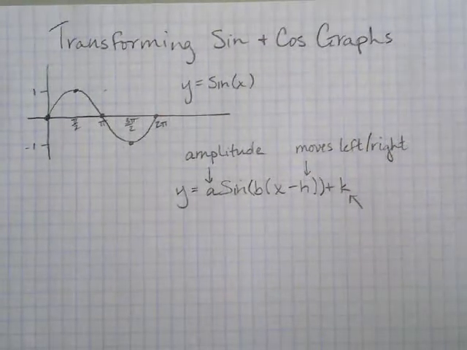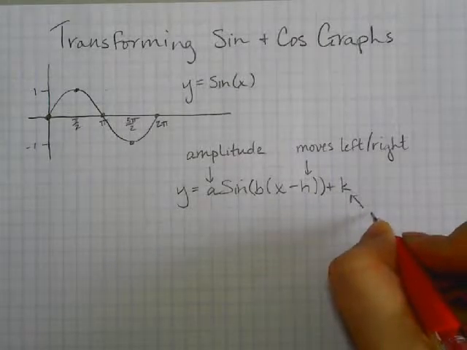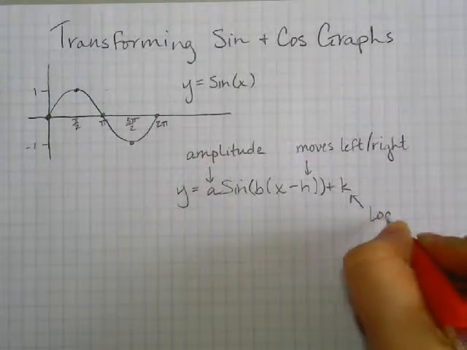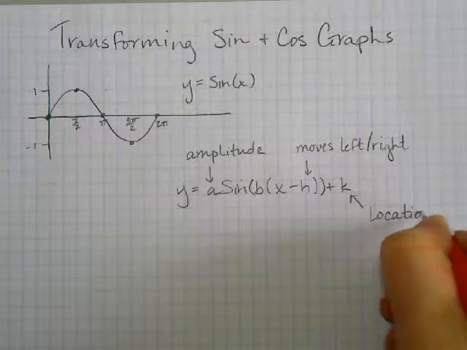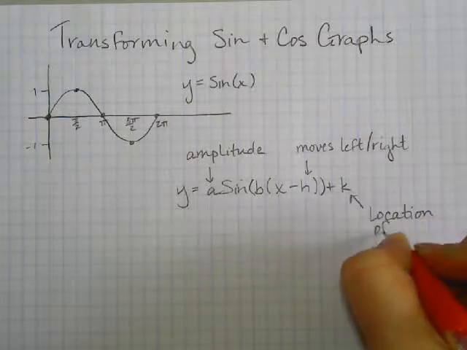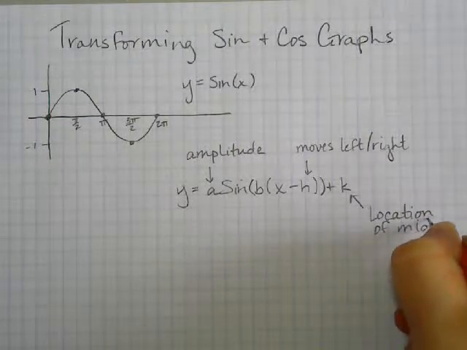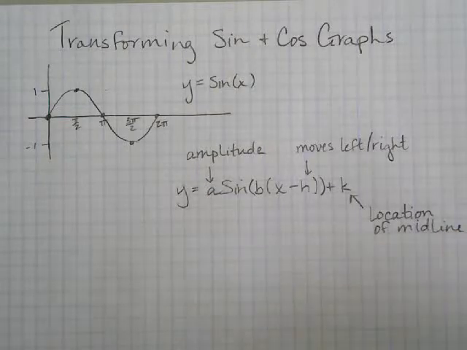So B, the new parameter we haven't dealt with, is what's called our frequency. The frequency tells us how many cycles we are going to complete within 2 pi.